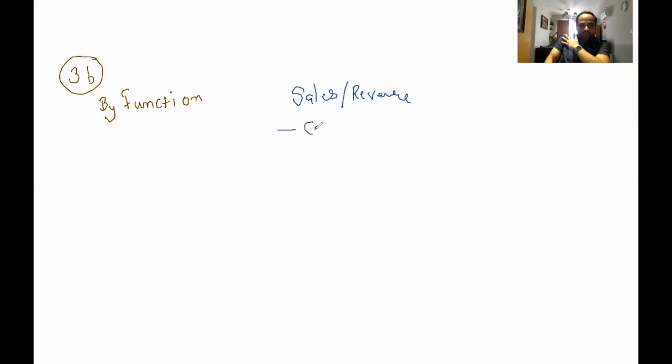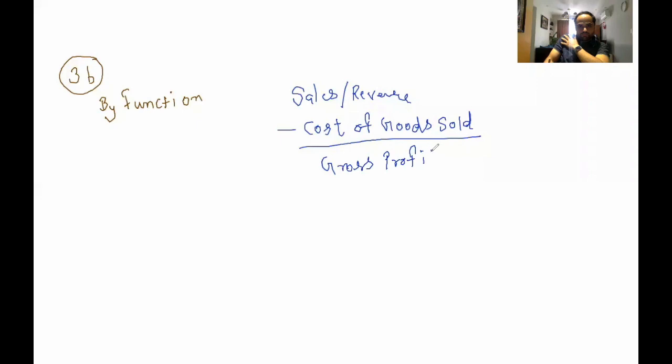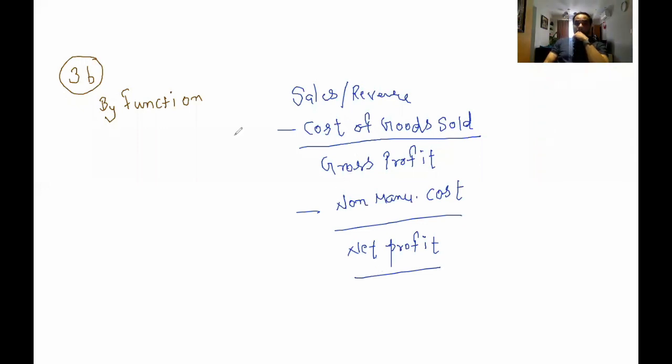We have cost of goods sold. So this is your income statement, but this income statement is by function.